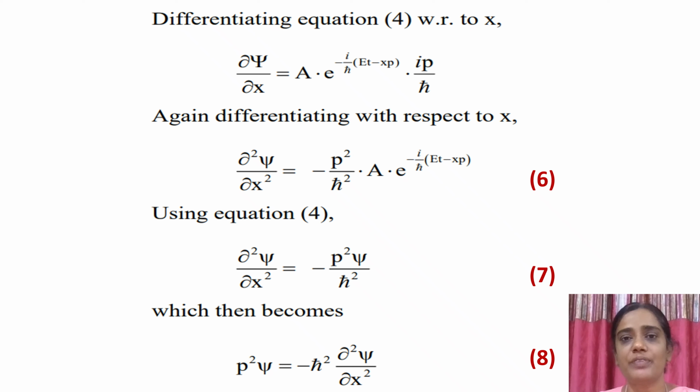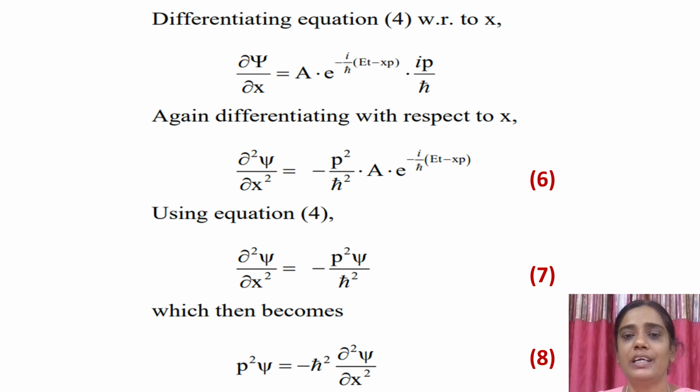Once again we are going to differentiate this equation in order to get dou squared psi by dou x squared. Therefore, this equation becomes minus p squared by h cross squared A e power minus i by h cross (Et minus px). Now, from the above equation, A e power minus i by h cross (Et minus xp) is nothing but psi according to equation number 4.